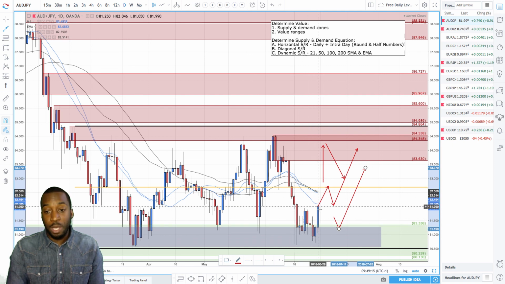So I do expect a reaction from some of these levels above me, from dynamic resistance and some fair value. But if we continue to be in a risk on environment, then we should get a move to the upside, as I think the Australian dollar is undervalued around here.